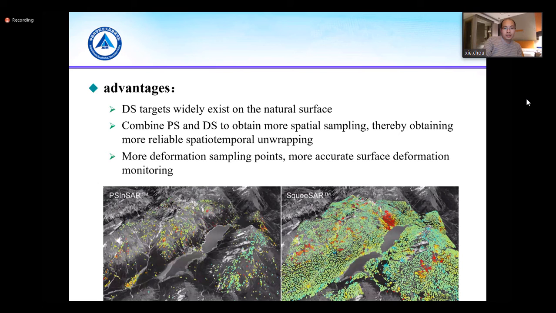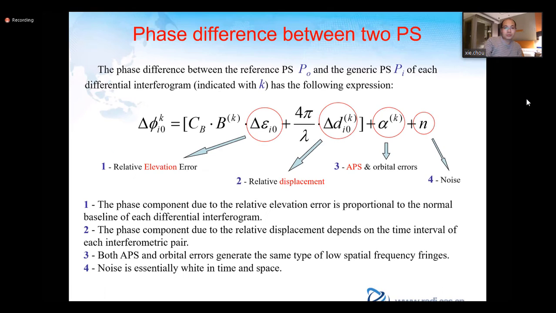Combining PS and DS, we can obtain more spatial samples, thereby obtaining more reliable spatial-temporal unwrapping. More information can be obtained by the combined PS and DS method.